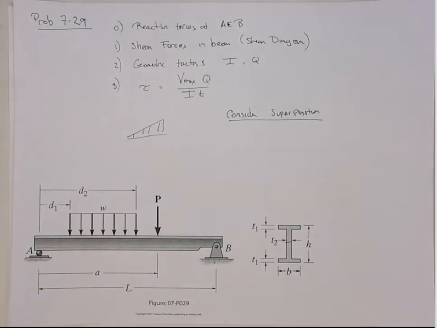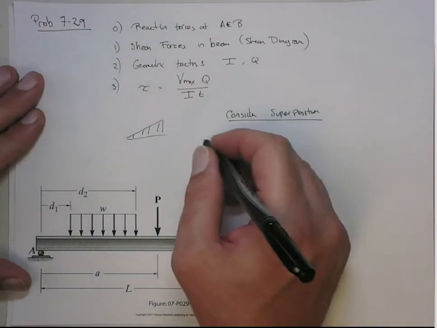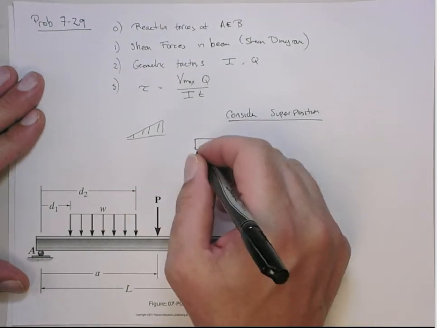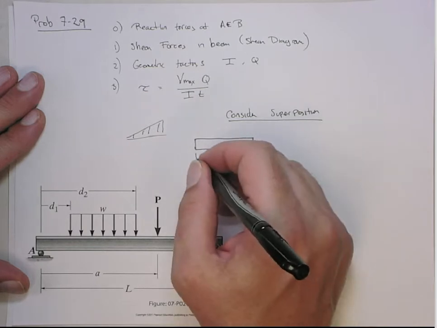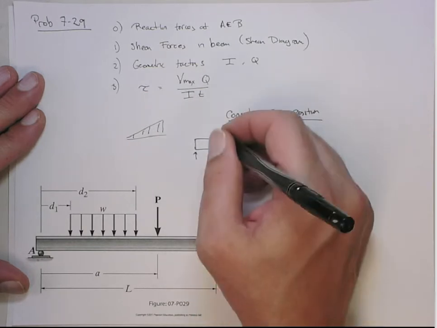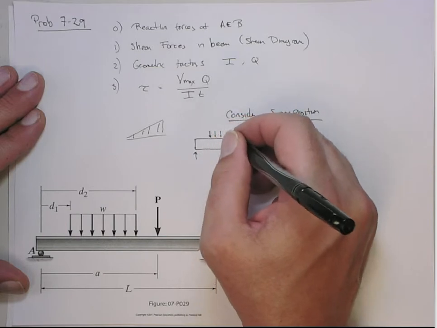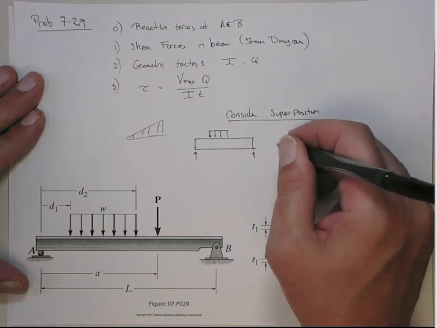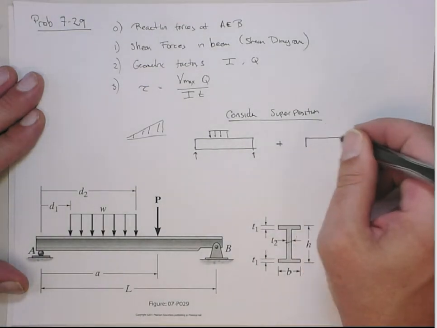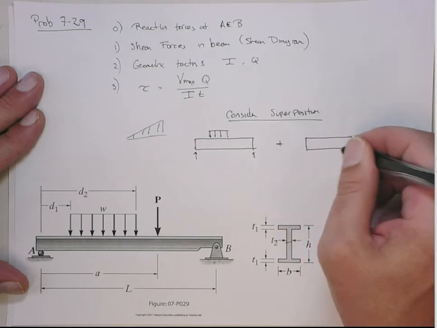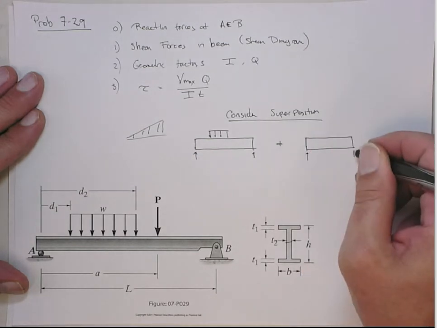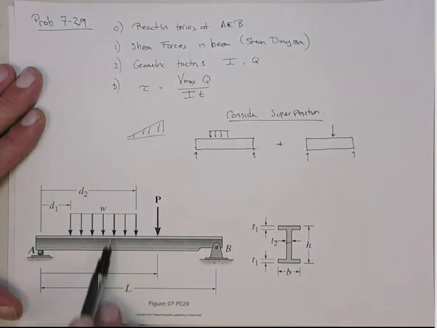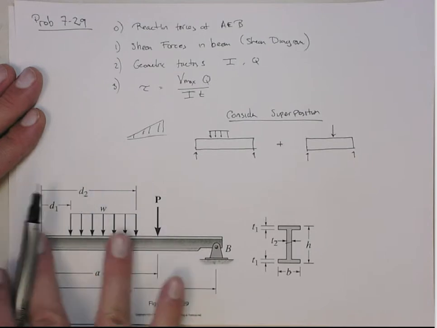So I'm going to consider 2 cases. The general distributed load case, where we just have the distributed load, and we'll add on to that the case with the general point load. In both of these, the point load can occur anywhere, and the distributed load can have any width and can occur anywhere on the beam.